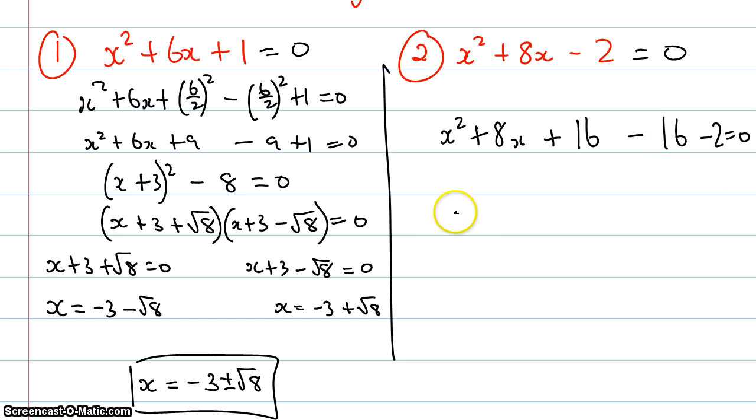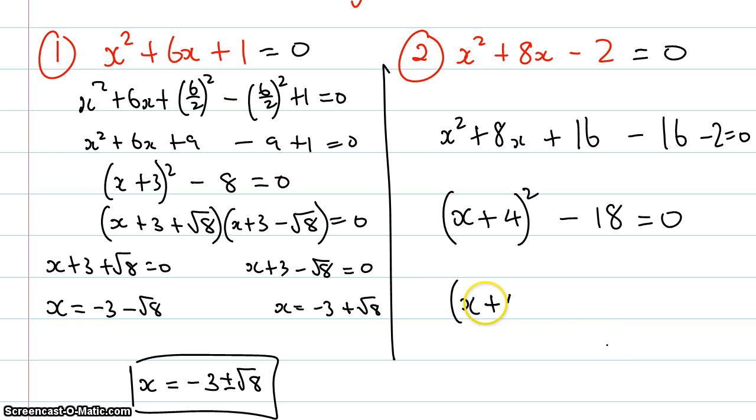So that's going to become (x plus 4) squared, and then minus 18 equals 0, and that becomes (x plus 4 plus root 18)(x plus 4 minus root 18) equals 0.